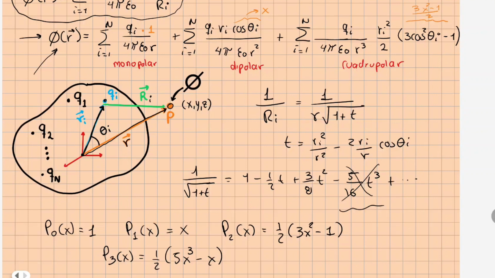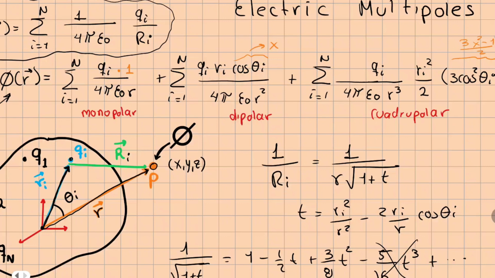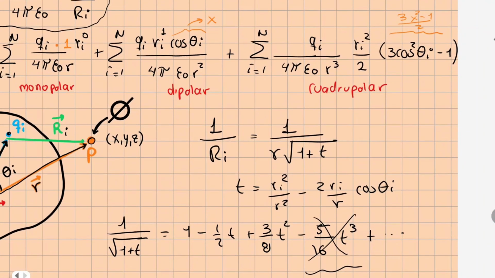And look that we actually have another term that is the Ri: here we have Ri to the 0 power, here Ri to the first power, and here Ri to the second power. Another thing to notice is that we have a 1 over r term here, 1 over r squared here, and 1 over r to the third power here.